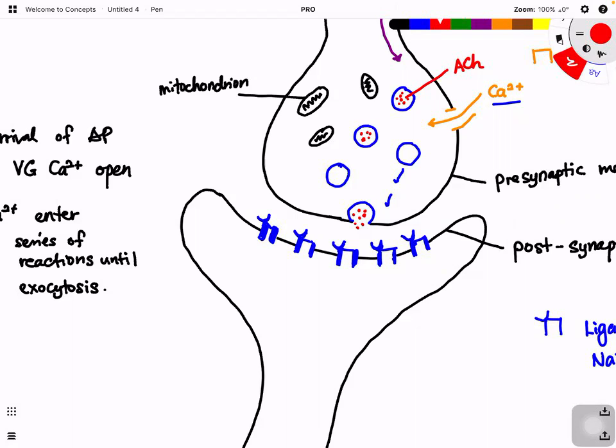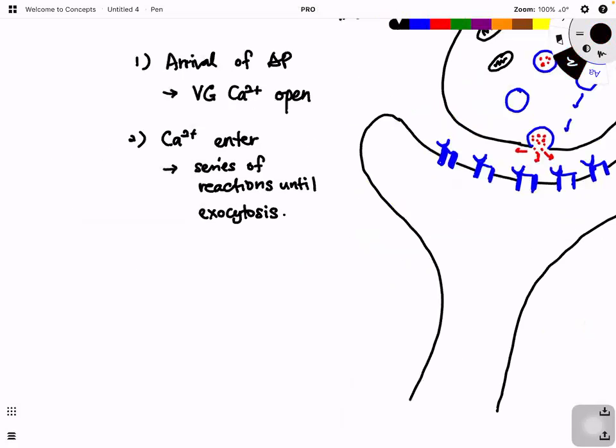Because of the high concentration of neurotransmitter near the presynaptic neuron and low concentration near the postsynaptic neuron, diffusion of acetylcholine now takes place across the synaptic cleft.